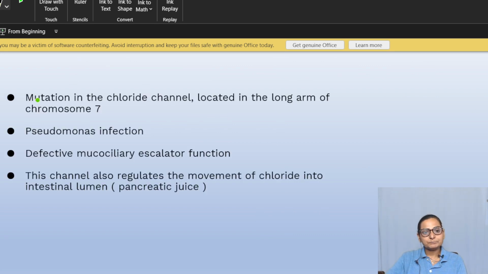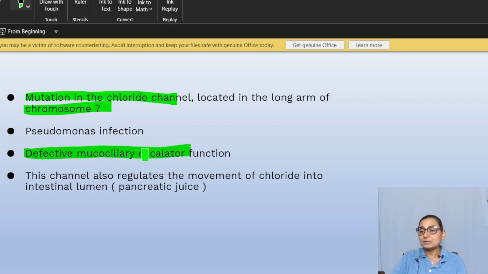Now cystic fibrosis is because of the mutation in the chloride channel that is located in the long arm of chromosome 7. It is associated with defective mucociliary escalator function, and the person is very much predisposed to pseudomonas infection.